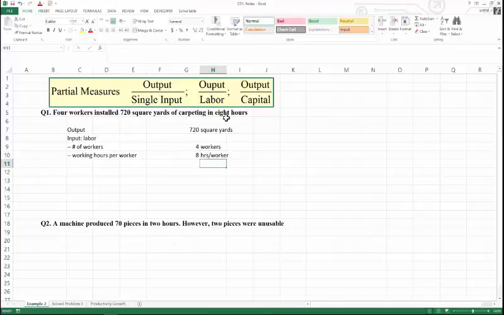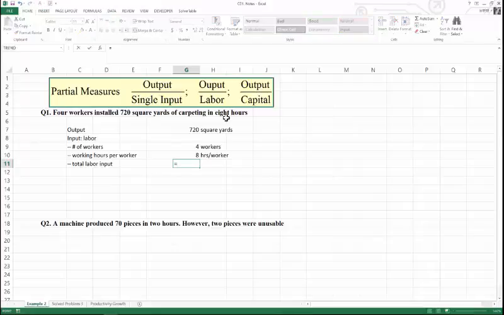So with these 2 pieces of information, we can easily calculate the total labor input. Clearly it's measured in hours.